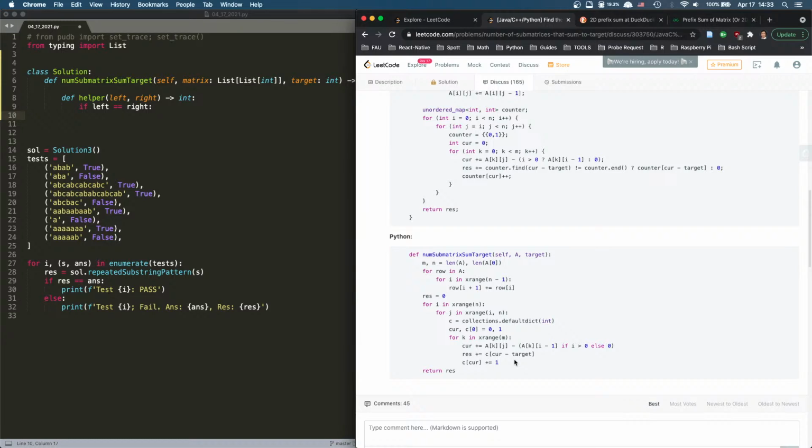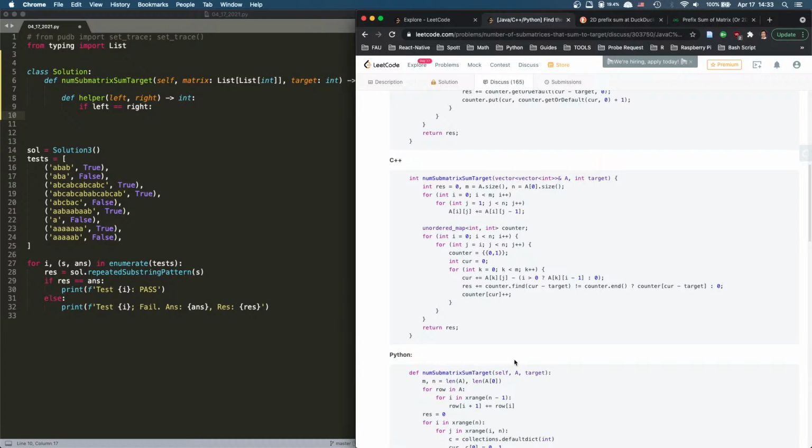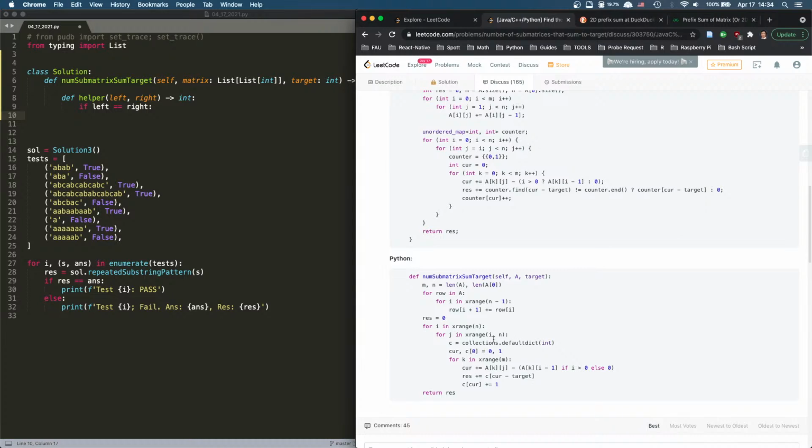Huh? What is this? What is this magic? I don't know what this is. It feels like, you see this? We were thinking about this as well. The dictionary as well.